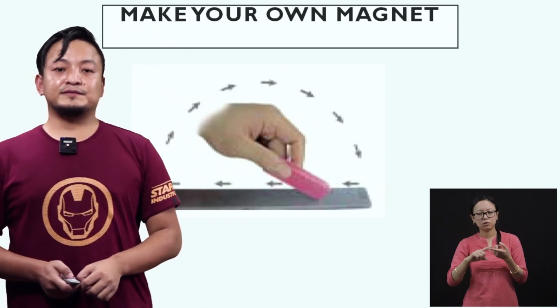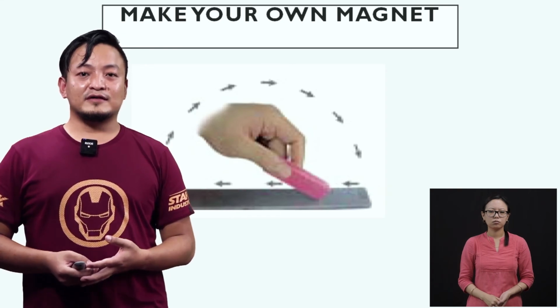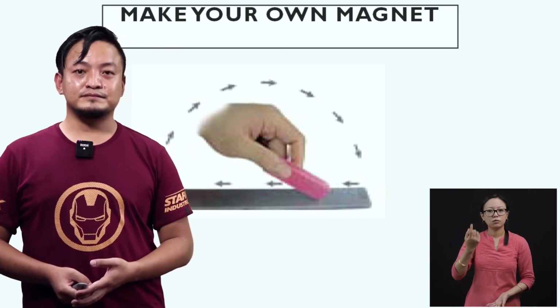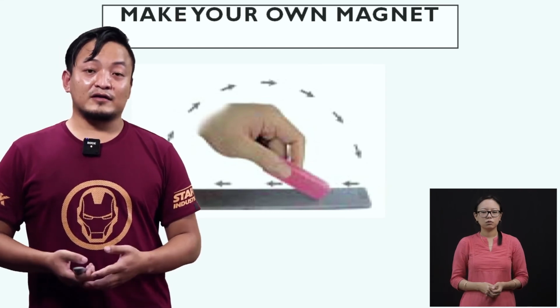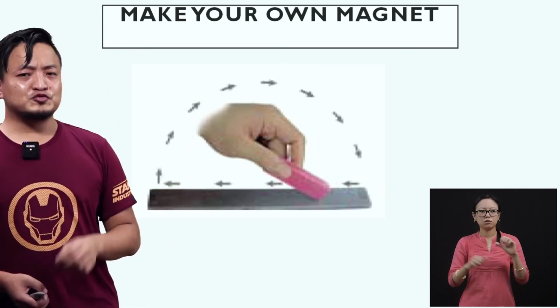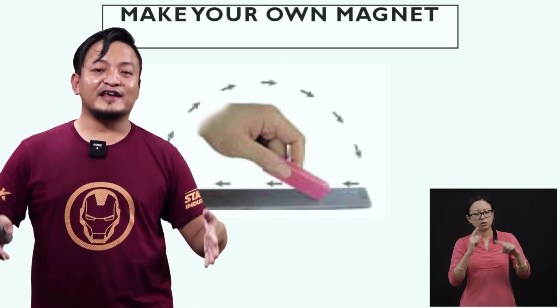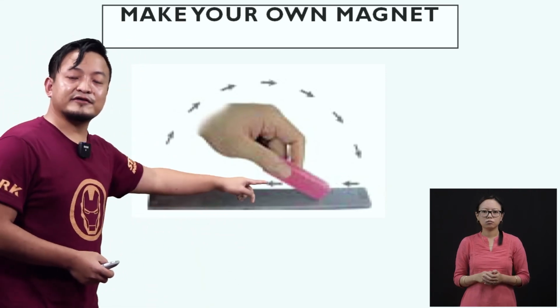Now students, we can also make our own magnet at home. So we will end our class today with this activity. To make your own magnet, you just need a rectangular iron bar.